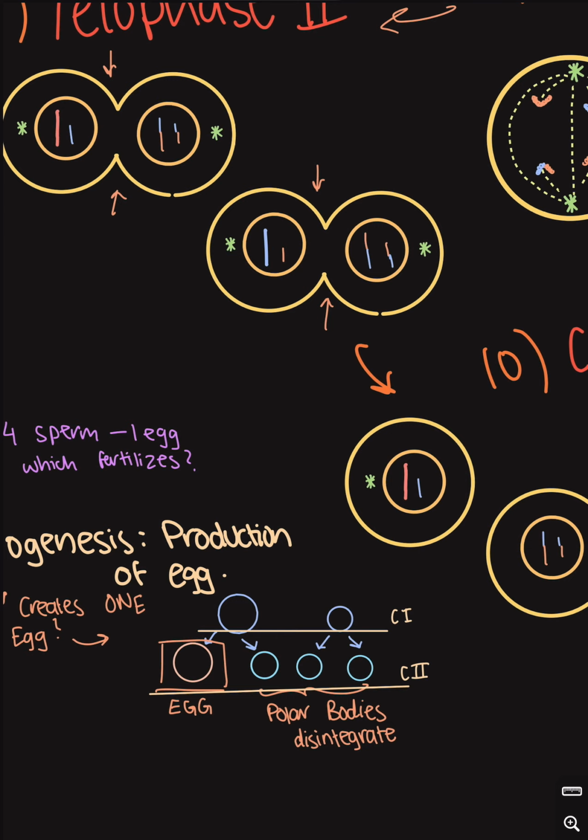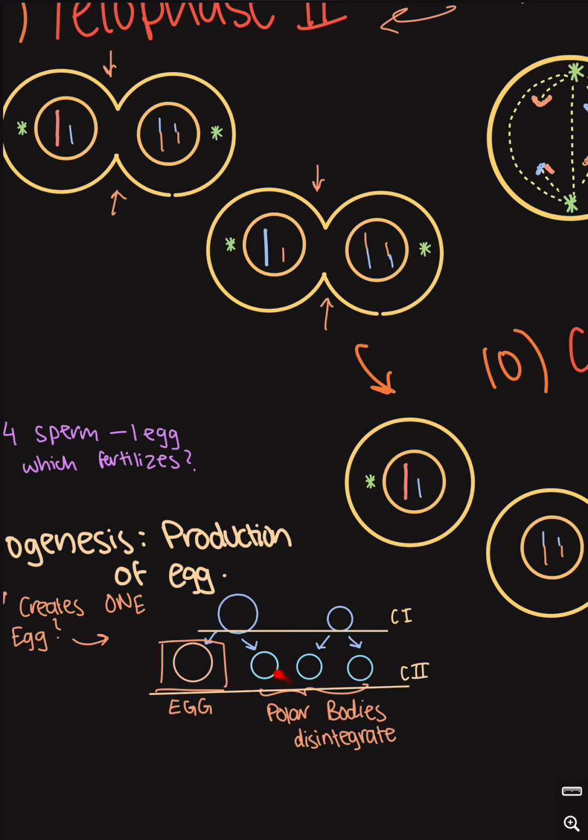Then these 2 are going to go under cytokinesis 2, and this is going to split in half again. And again, the same thing is going to happen where this one gives most of its cytoplasm to this one, and this is going to turn out as the thriving egg. And then this one is going to get less cytoplasm.